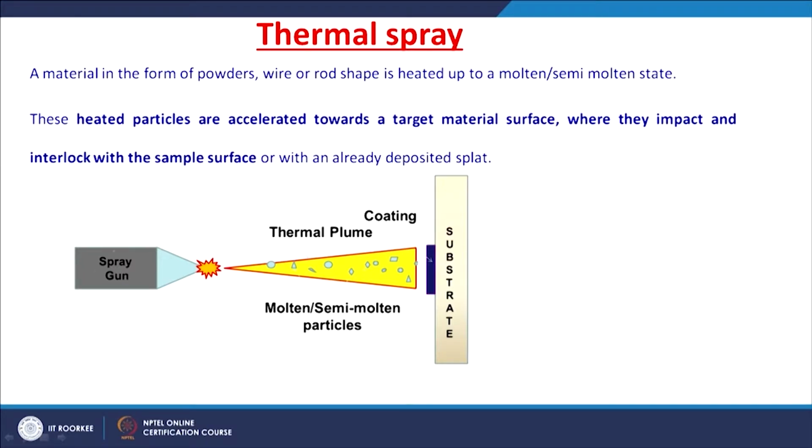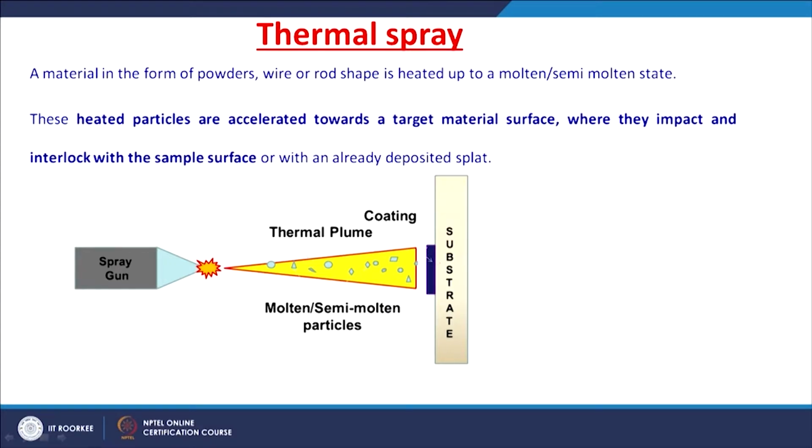So, there is some mechanism for spraying this material. The material may be in the form of powders, wires or rods and this material is heated by certain mechanism and then the heated particles will be accelerated and impact on the substrate.